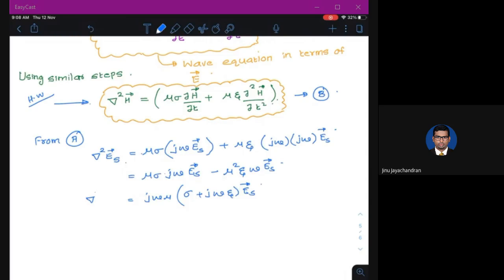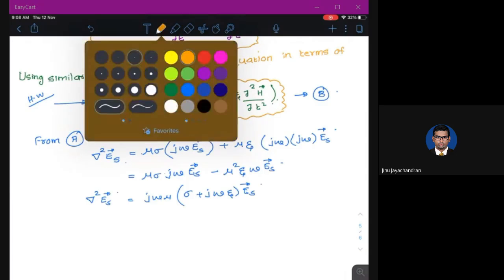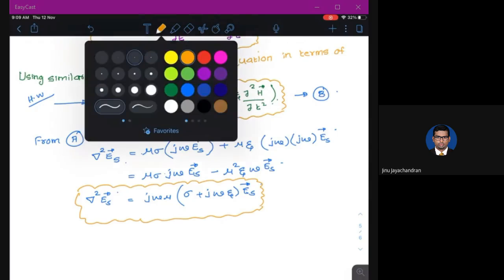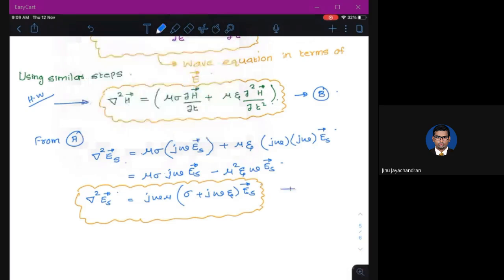Okay, this is del square ES. So this is the wave equation in point form or in the phasor form.